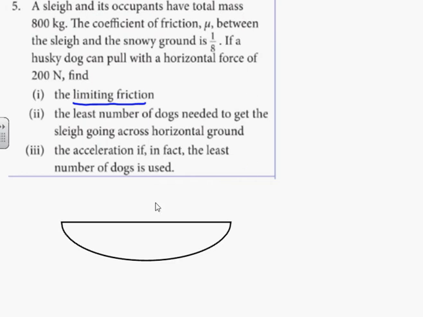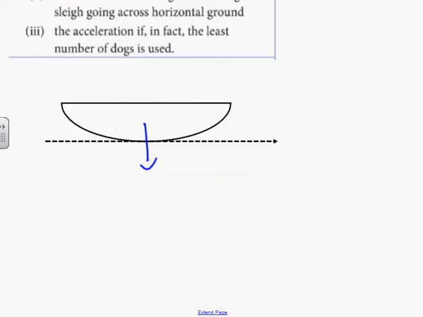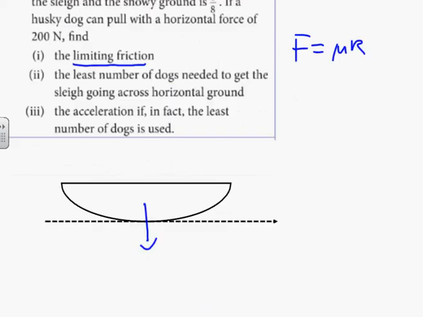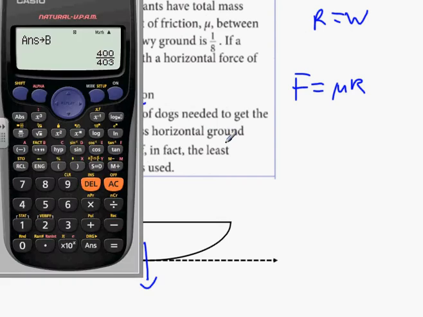So what you're going to do is F equals mu R. Now remember, R equals your weight. The weight acting directly downwards is what, guys? 800g, which is 800 times 9.8, which gets me 7,840.